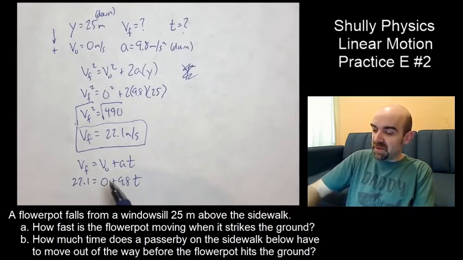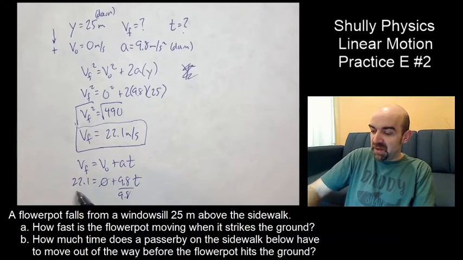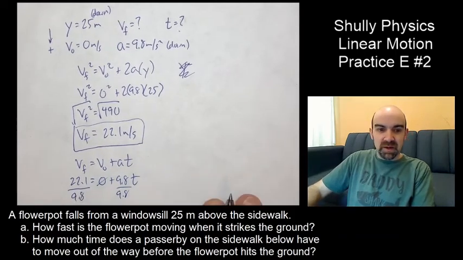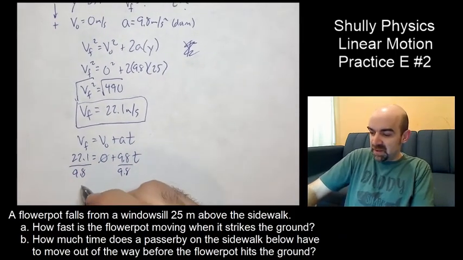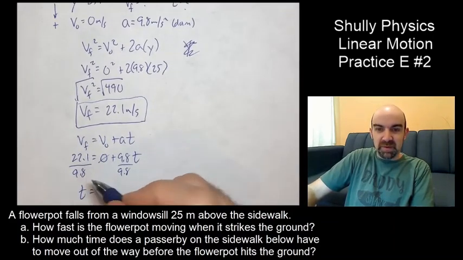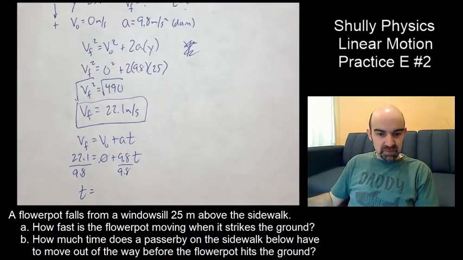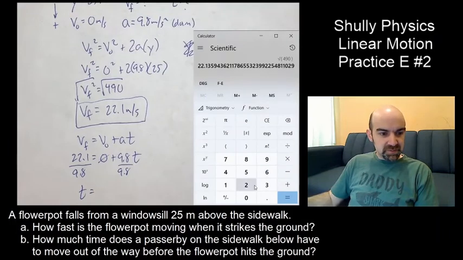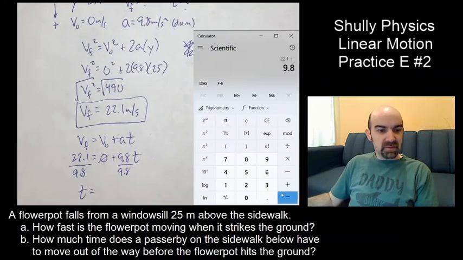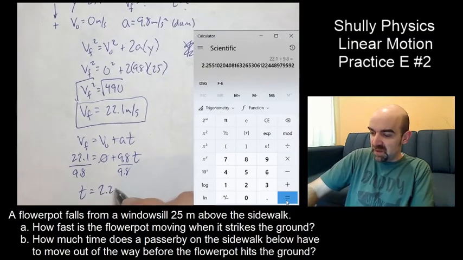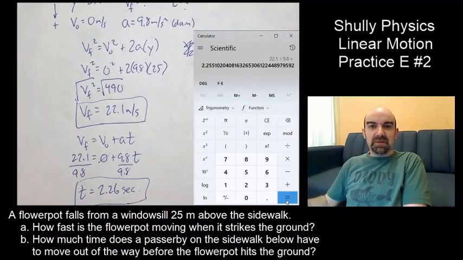Divide both sides by 9.8. Do our algebra, and I get a time of 22.1 divided by 9.8. Bring up the calculator again. 22.1 divided by 9.8 is 2.25, I'll say 2.26 seconds. There we go. That's all there is to that one.